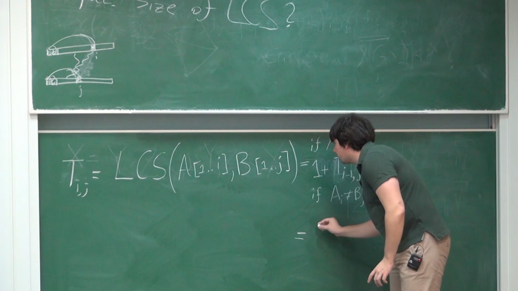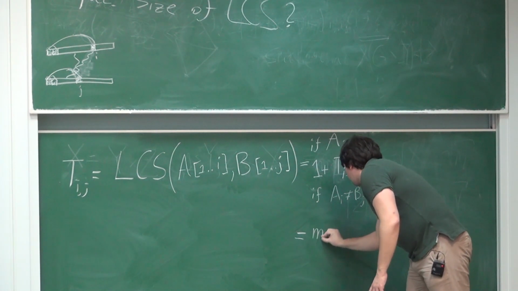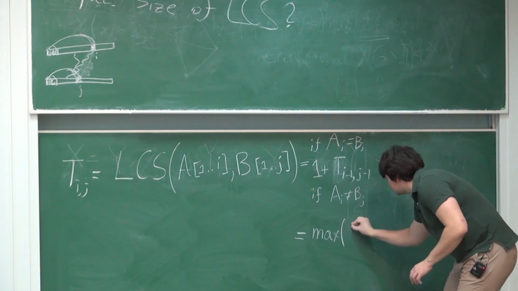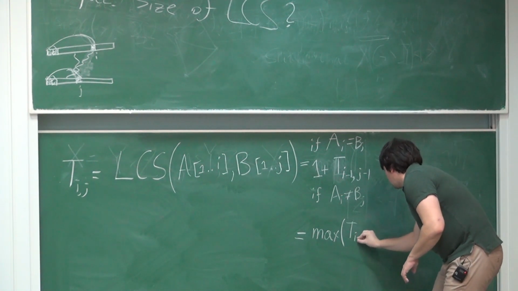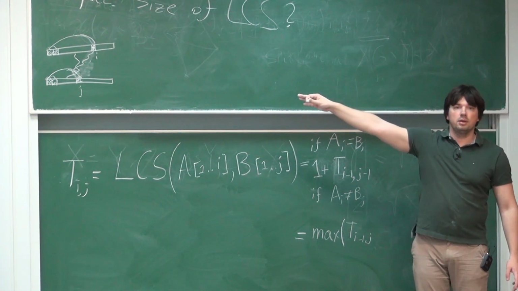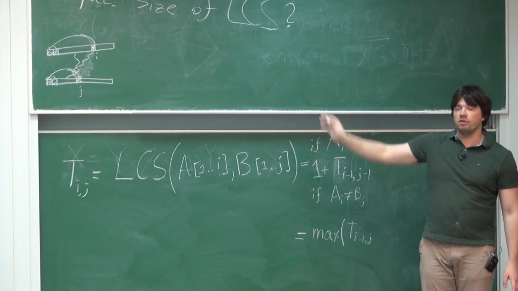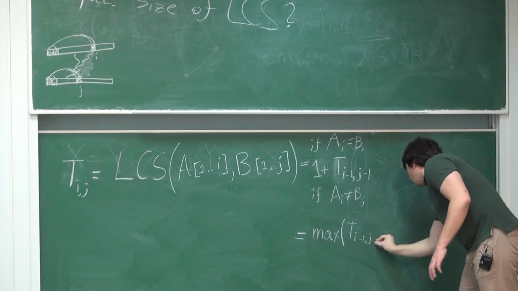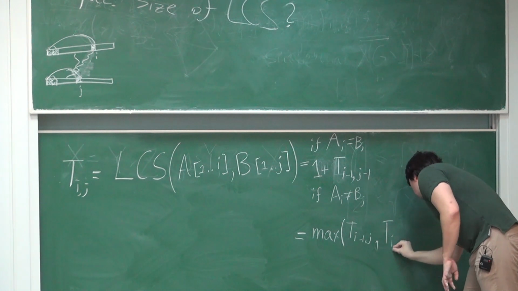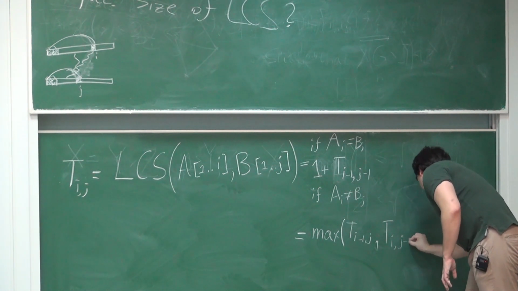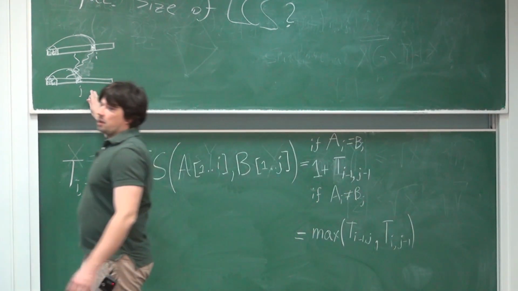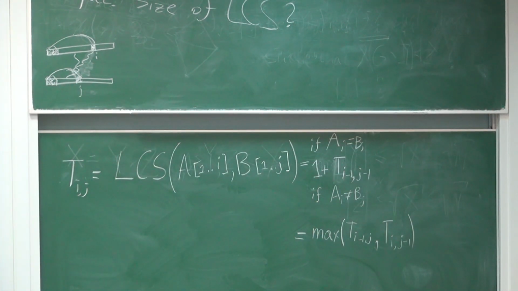So you can say that it's the max between T i minus 1, j, which means we don't use the ith character of the first string, or T i, j minus 1, which means that we are not using the jth character of the second string.